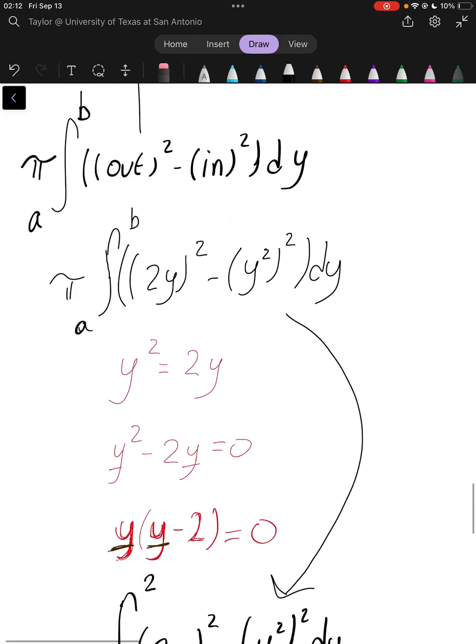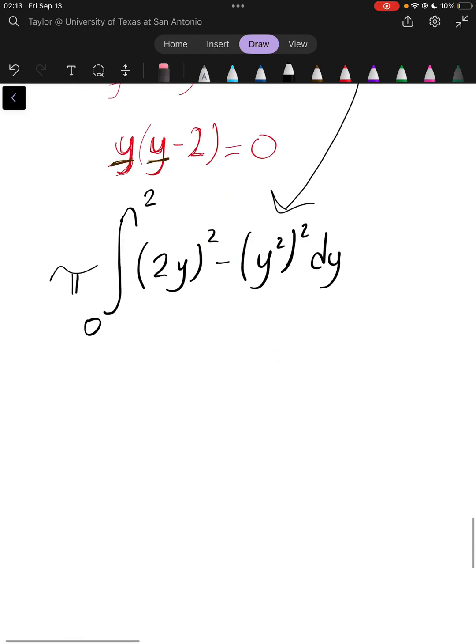Now the last thing we need to do here is to evaluate our integral. So I'm going to distribute my exponents, giving me 4y squared minus y to the 4th, integral from 0 to 2.